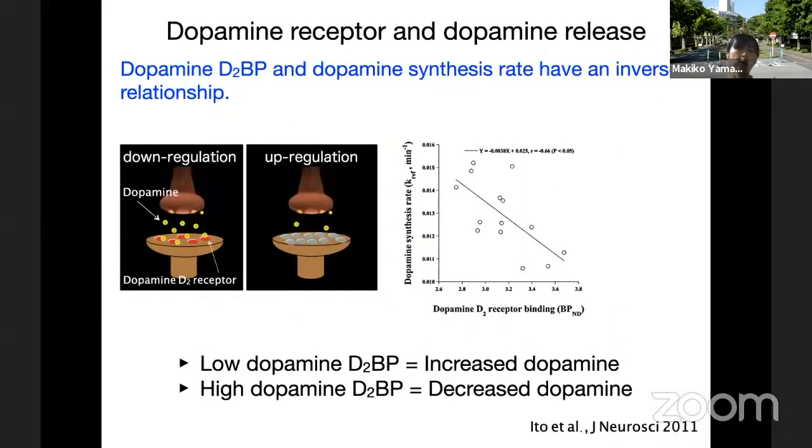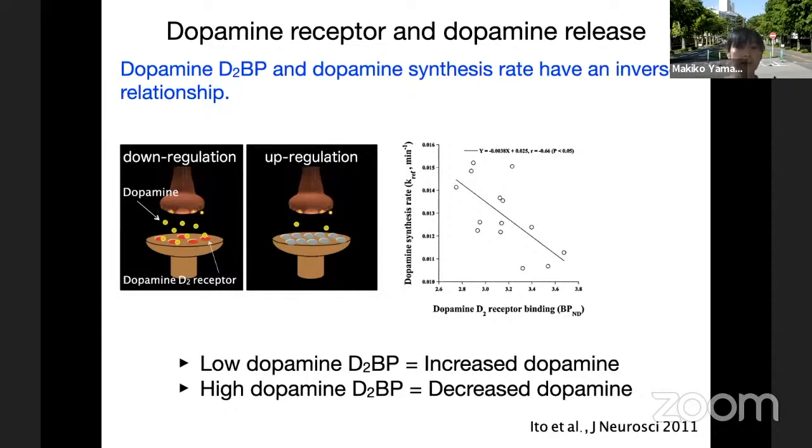And also, what does it mean about the D2 receptors and the relation with dopamine release? We conducted a previous study to see the association between dopamine synthesis rate and dopamine D2 receptor binding, and we found an inverse relationship between them.